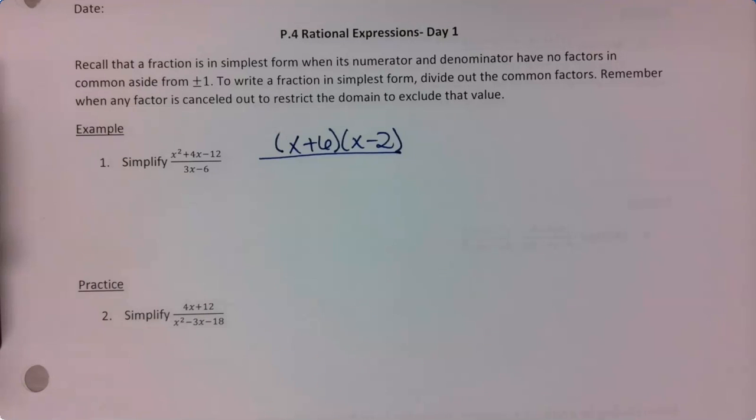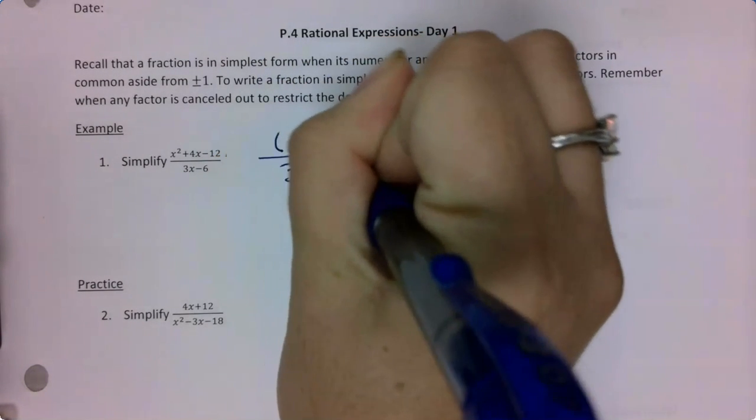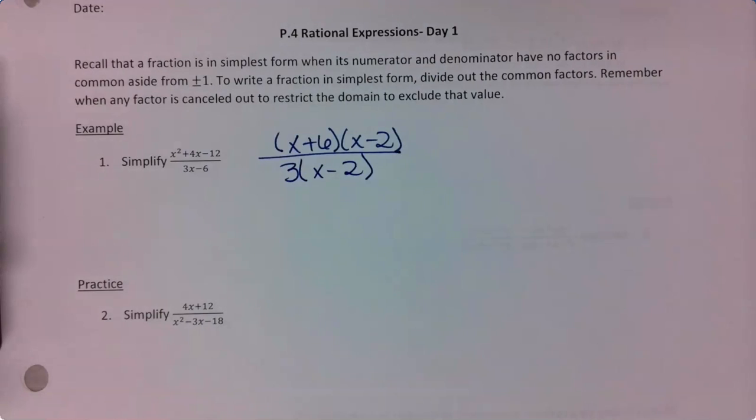Okay. Then on the bottom, what does that factor to? 3 and then parentheses x minus 2, because I can factor out that 3.